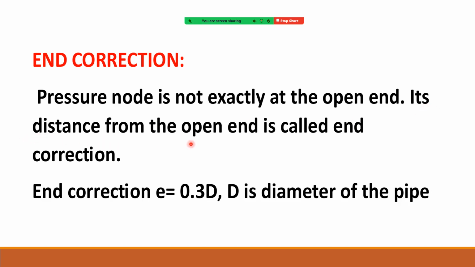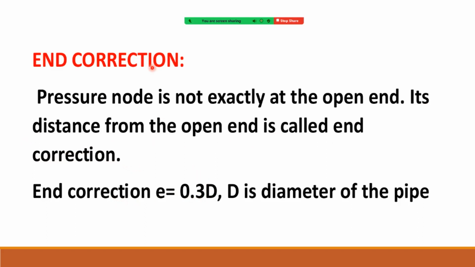Its distance from the open end is called end correction, and that value is given by 0.3 times the diameter of the pipe.